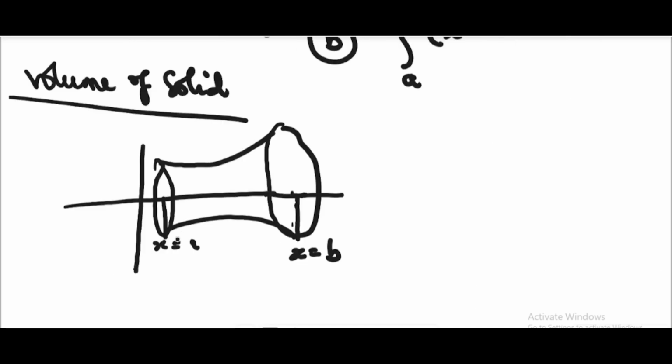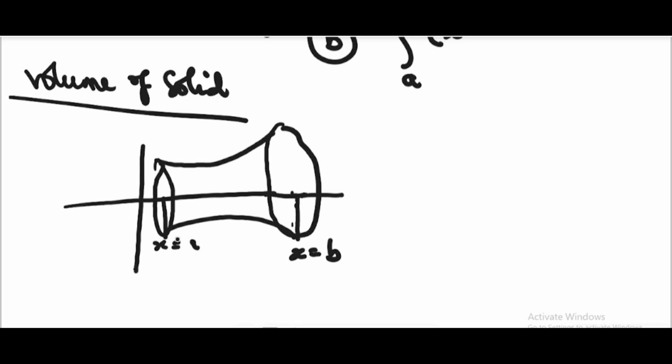We looked at area under a curve and we've seen what it looks like. Now the shaded region, if I rotate it on the x-axis, I will have something like this. Rotating it on the x-axis, the volume is the integral from a to b of pi y squared dx.